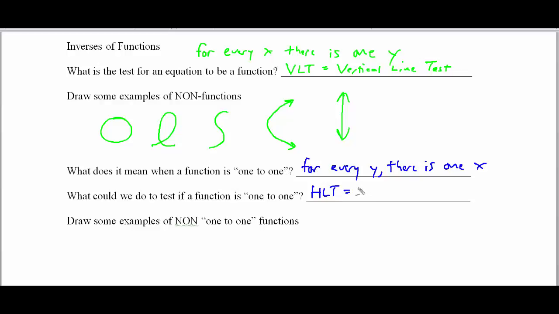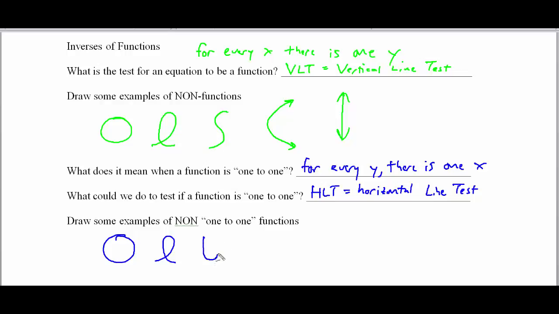These are functions that pass the horizontal line test, and the horizontal line test is another way of saying that if you go from left to right, your horizontal line would only touch one pixel on that computer screen. Now a circle still fails the horizontal line test, and so does a loop. However, this one doesn't fail the horizontal line test. It would fail the vertical line test, but it wouldn't fail the horizontal.